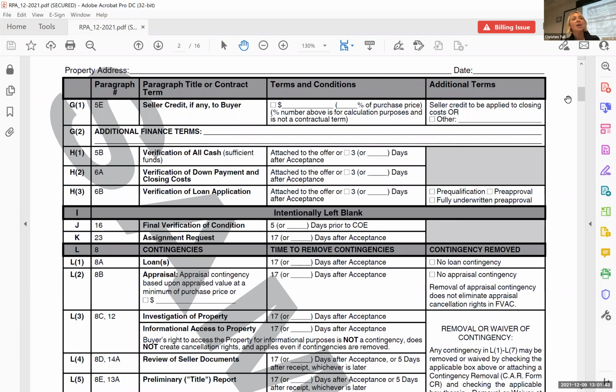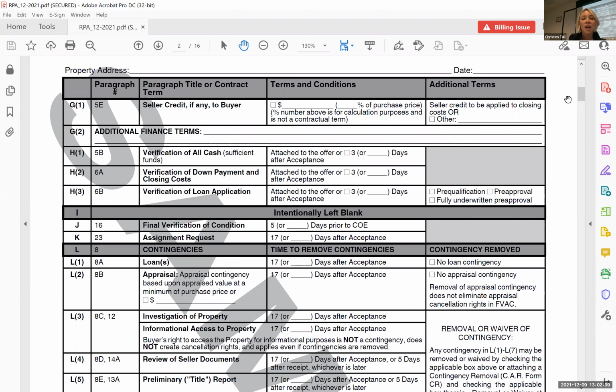An offer without proof of funds for the entirety of the down payment, plus technically it's supposed to be for closing costs as well, which for a buyer can range anywhere from 1 to 2.5% if they have a loan, lower if it's cash, or 1.5 to 2.5%, depending upon loan or cash. So proof of down payment should show not only down payment funds, but also proof of closing costs.